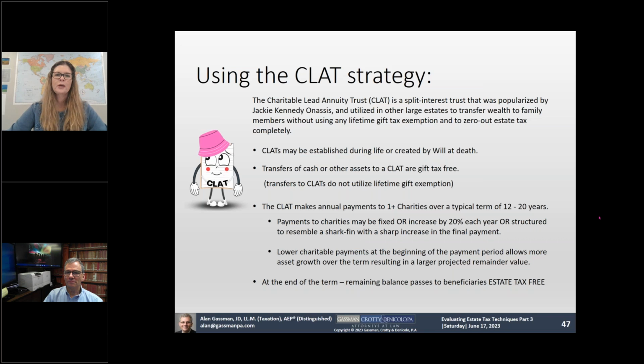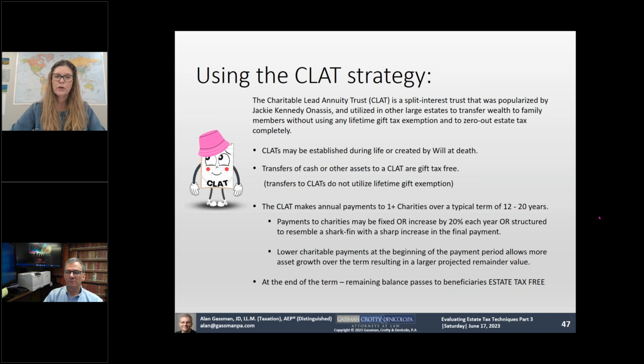The lead trusts pay a series of payments to a charity at the beginning for a term of years, and then the remainder passes to beneficiaries at the end, all gift and estate tax free if you do it right. Charitable remainder trust, which we'll go to after this, is just the opposite. It pays to non-charitable beneficiaries in the beginning for whatever the term is, and then the remainder value goes to a charity at the end of the term.